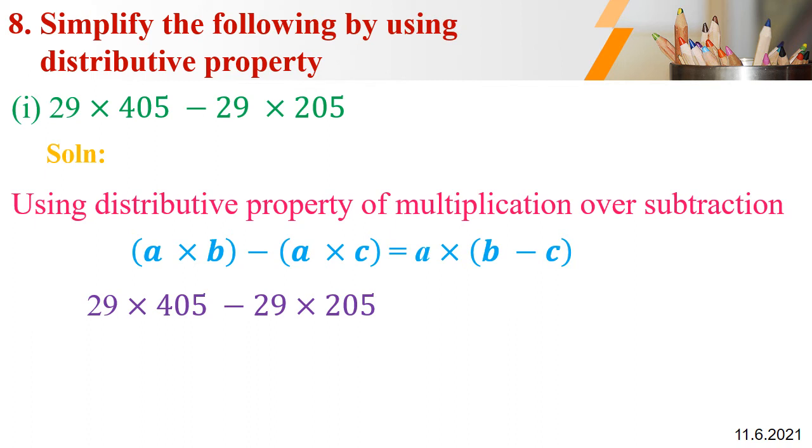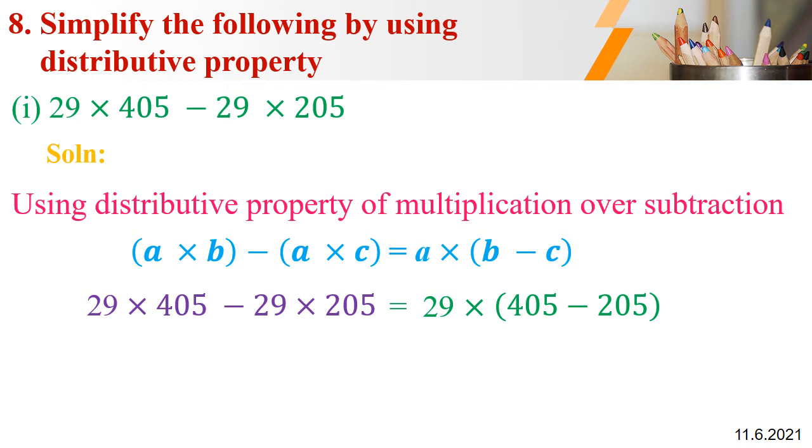So let's write A into (B minus C). Therefore, 29 into, because A value is 29 and B value is 405, so we have to write (405 minus C value 205).